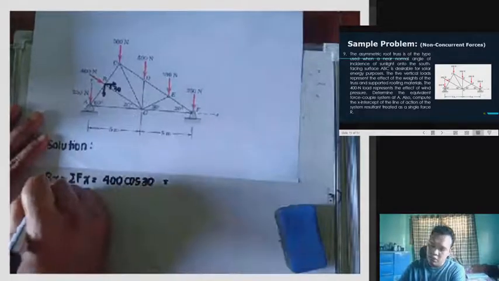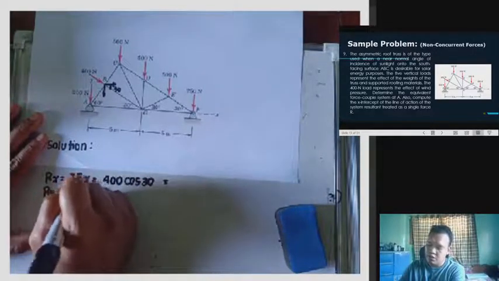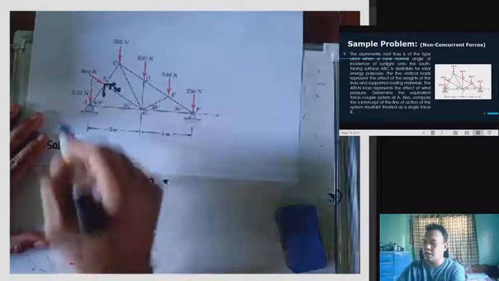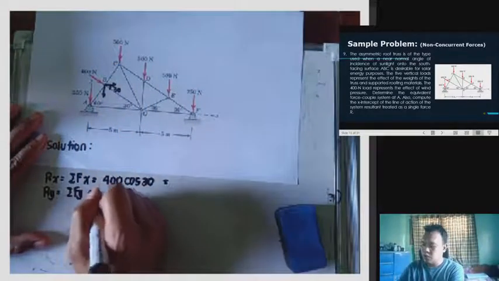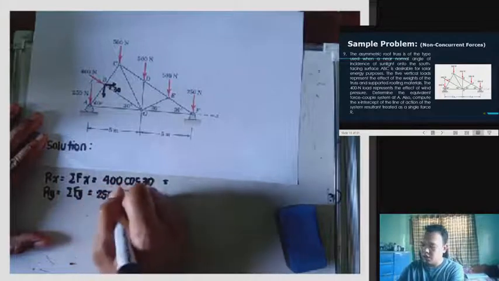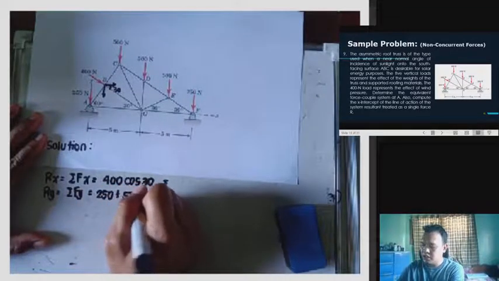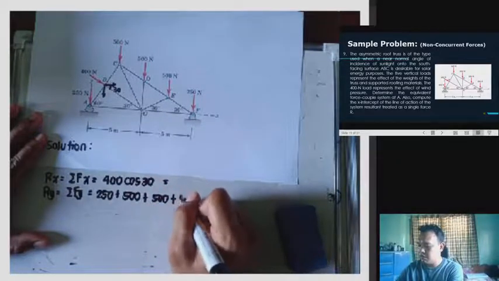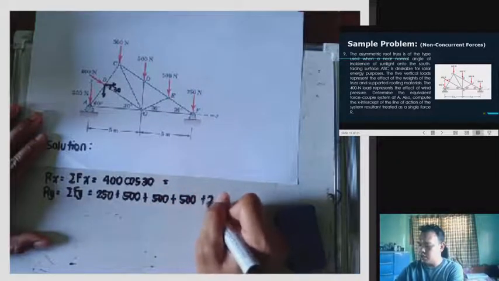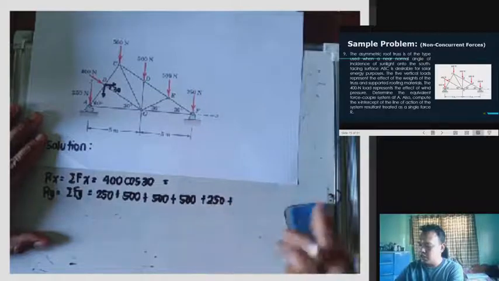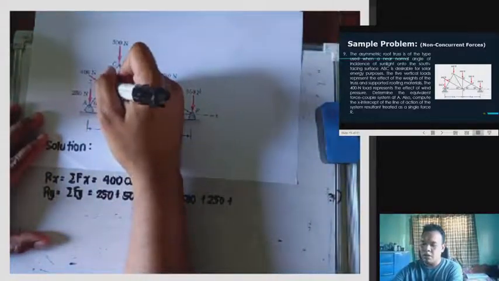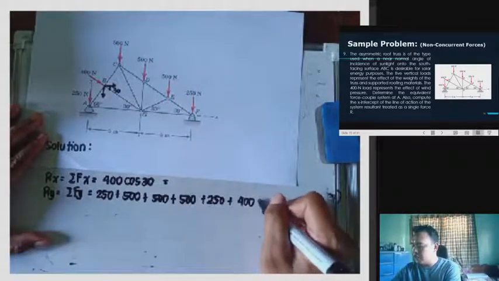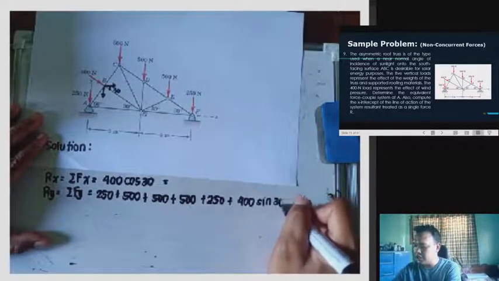Then, to get the value of Ry is the summation of forces along y direction. So, we have here, lahat ng yan, 250 plus 500 plus 500 plus 500 plus 250 plus itong y component itong 400, 400 sine 30.